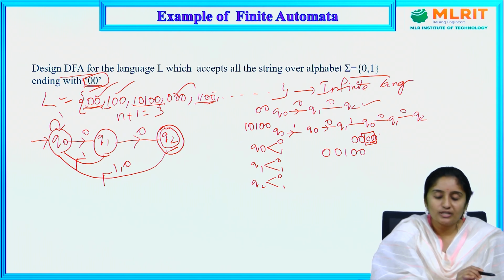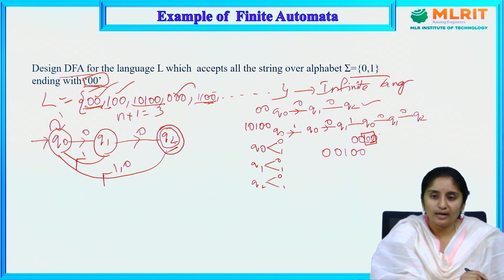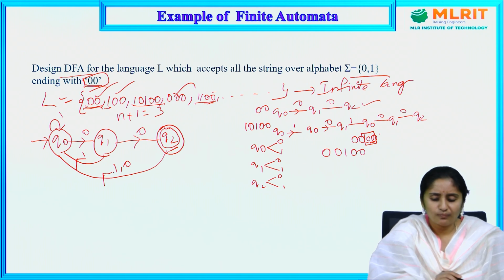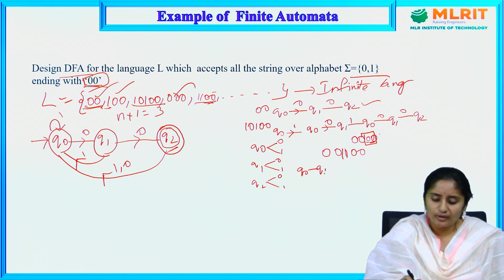Q0 is my starting state. Q2 is my final state. Let me check with a string. It accepts 0, 0, 1, 1, 1, 0. Let me check whether this is plotted or not. Q0 on 0, it is moving to Q1. Q1 on 0, it is moving to Q2. Q2 on 1, it is moving to Q0.